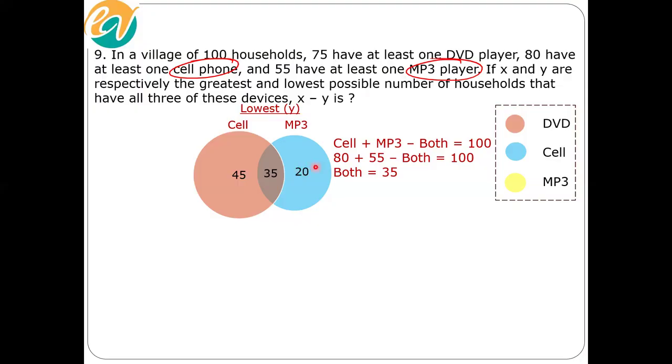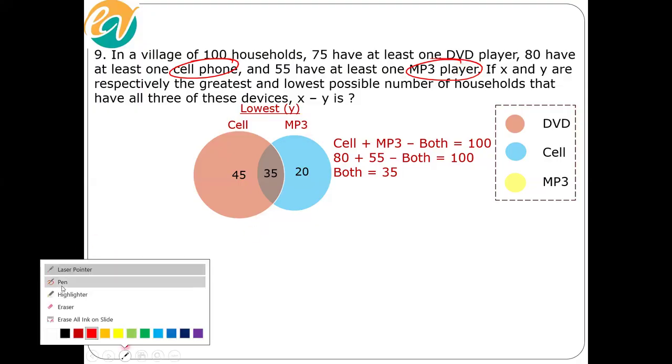Second household, again, I'll continue to add here, and so on till when? 20 households I can accommodate here. So those 20 would have what? Only MP3 and DVD. Are you guys with me?